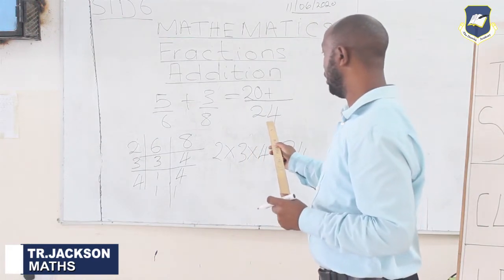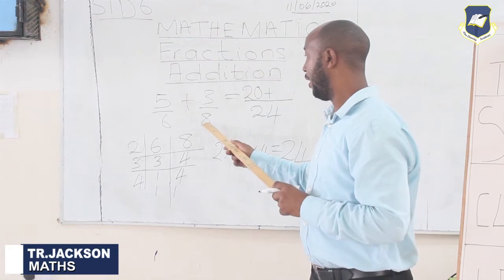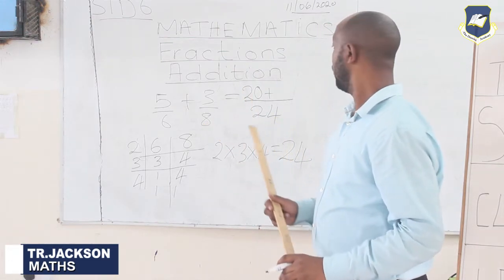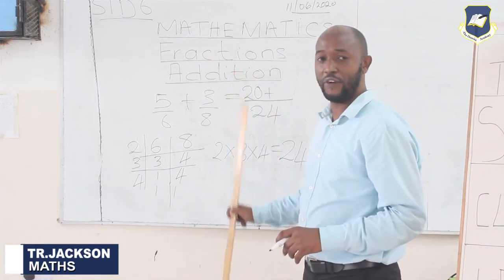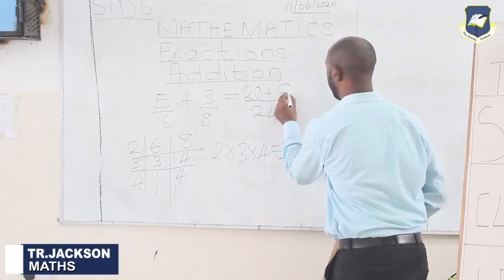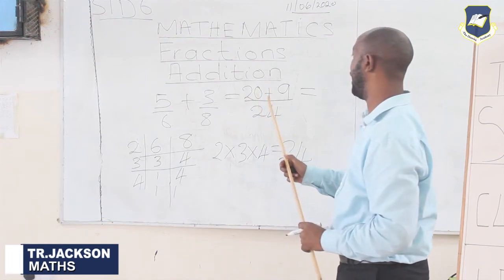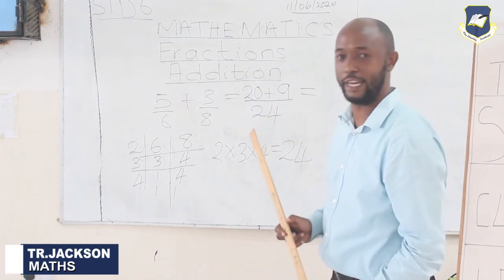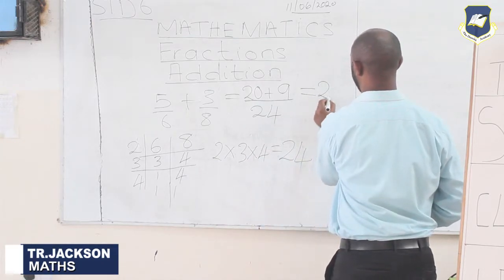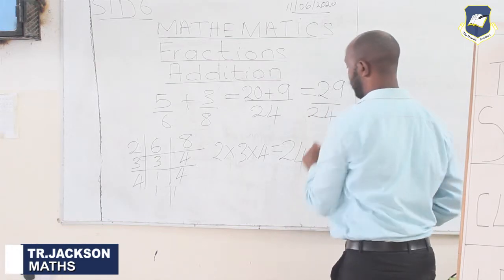Use the denominator again. 24 divided by 8, you get 3. 3 multiplied by 3 is going to give you 9. Add 20 plus 9, it gives you 29. Well, 29 over 24.